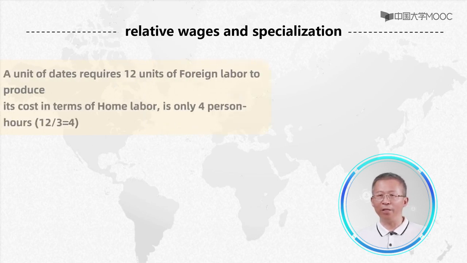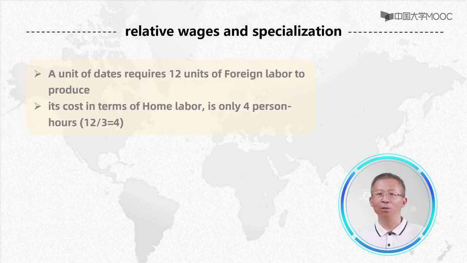A unit of dates requires 12 units of foreign labor to produce, but its cost in terms of home labor is only 4 person-hours, which is less than the 6 person-hours it would take to produce the unit of dates in home. A similar calculation will show that foreign also gains.